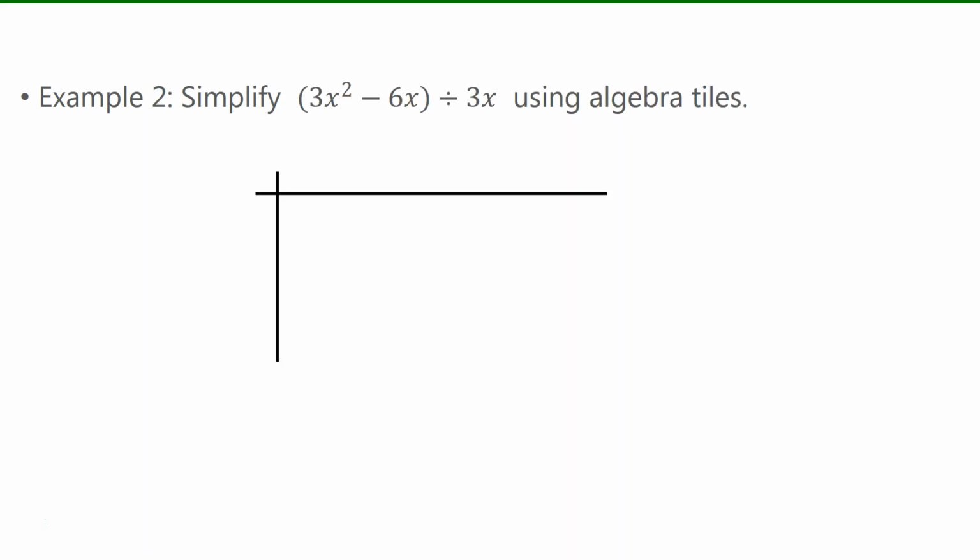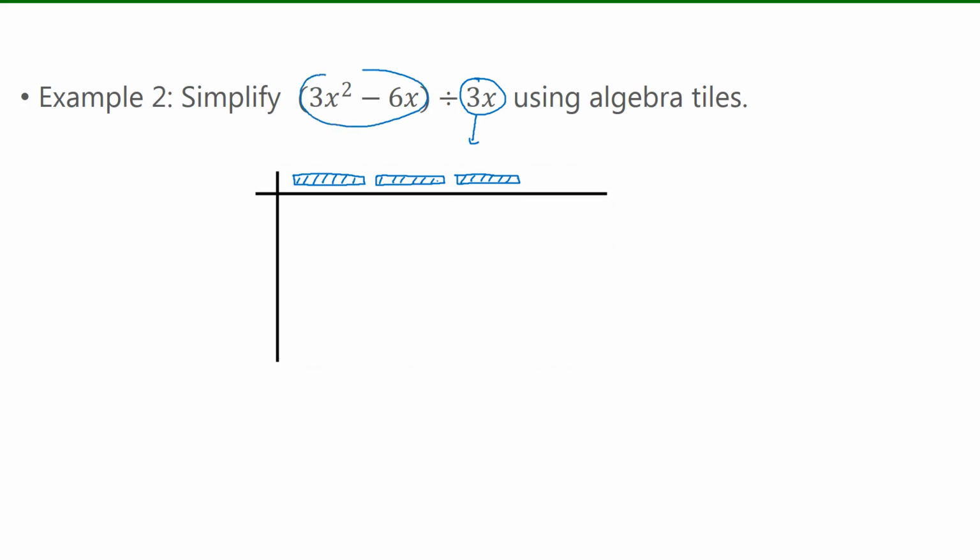In example 2, I have to divide 3x squared minus 6x by 3x. So I'm going to take my 3x, and this time I'm going to place the tiles across the top. There's my 3 positive x tiles.